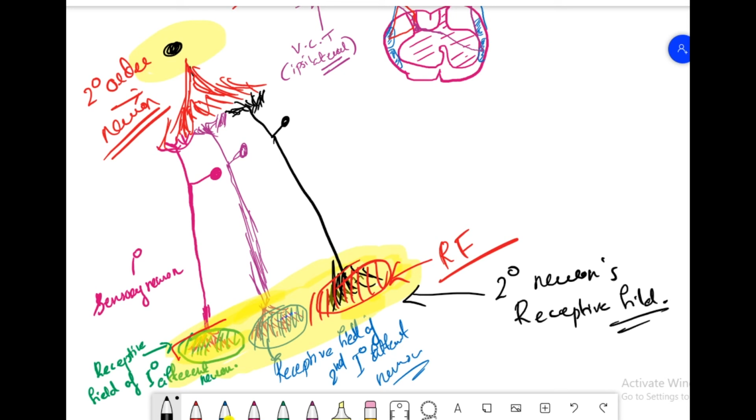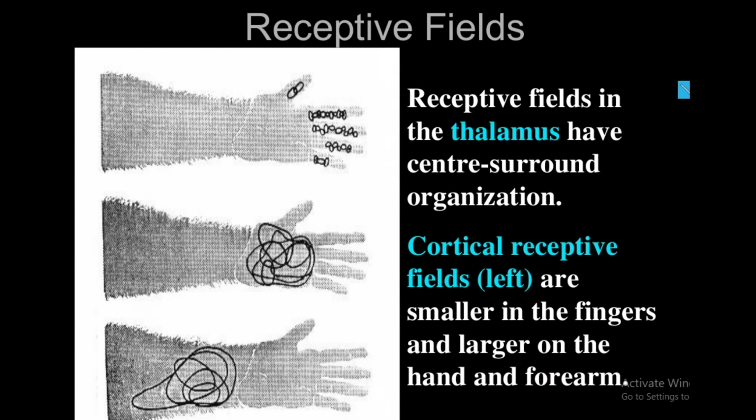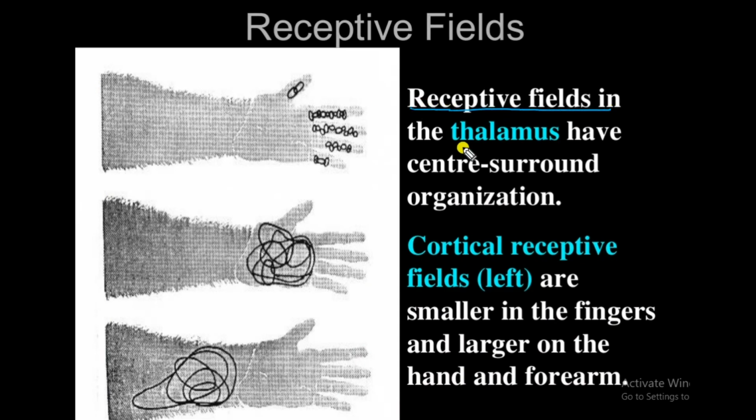The receptive field of a second order neuron, which I marked with yellow, is the whole area where the primary sensory neurons are located, which means that the second order neuron receptive field is greater than the primary neuron receptive field.